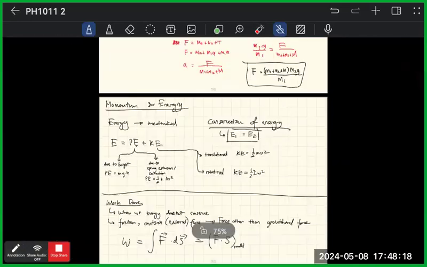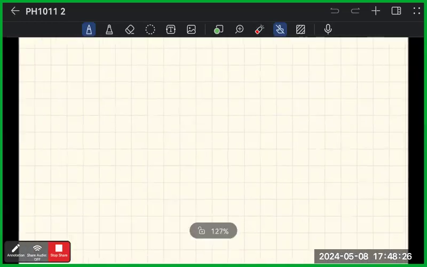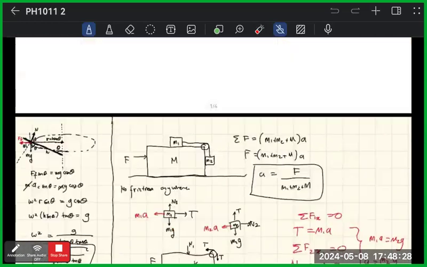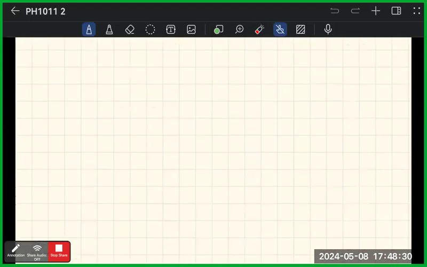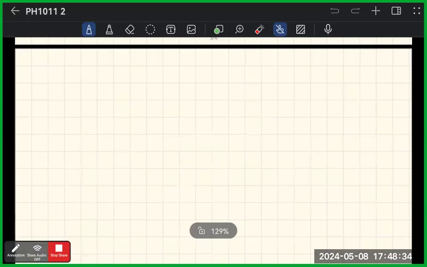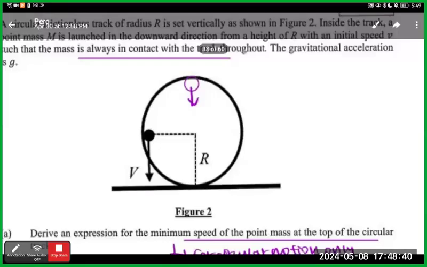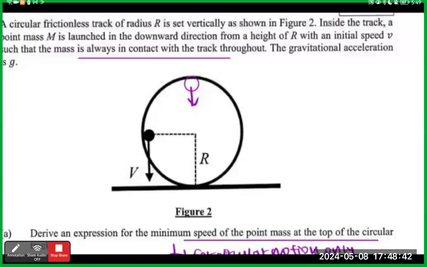We'll touch on a question example. As I told you, it was related to rotational motion, right? And it's quite fun because at first you wouldn't get it the first time you see this question.